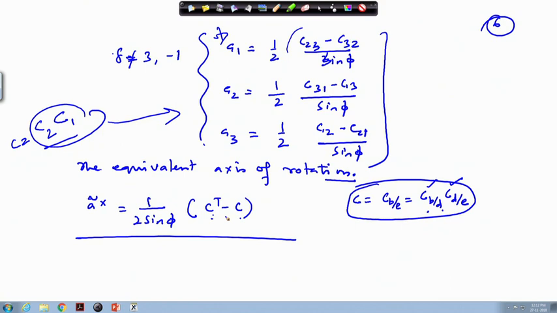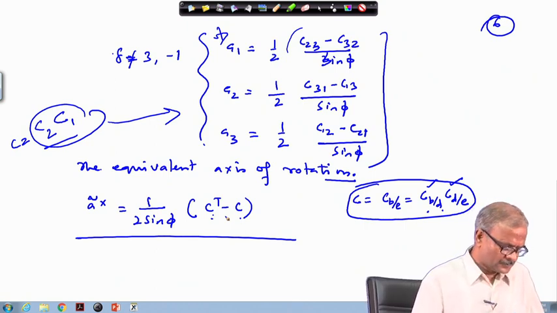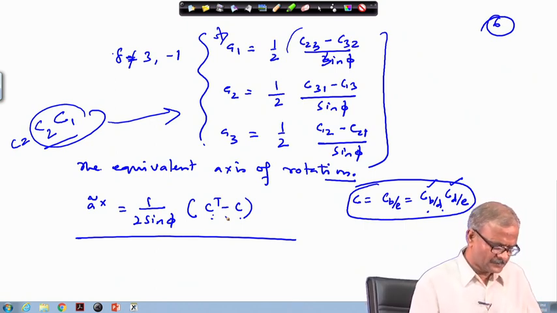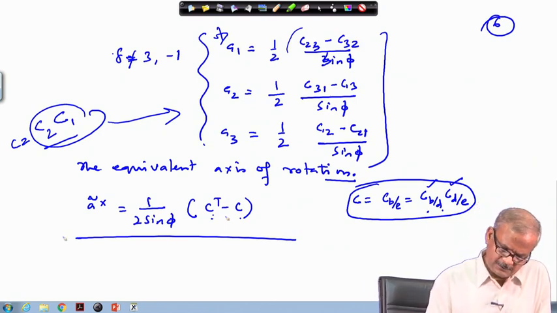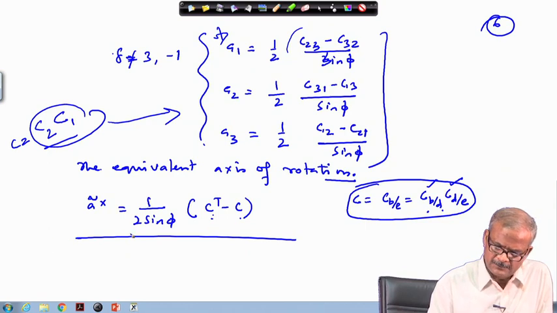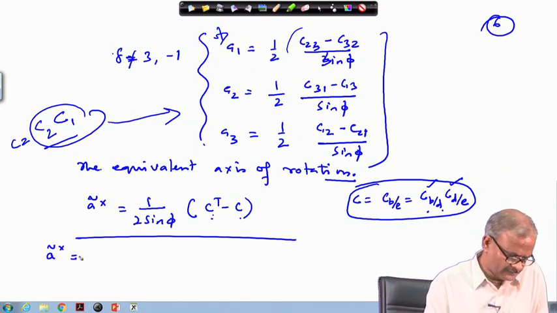So, it is very lengthy and very strenuous. Okay, so this portion we are going to skip, and we are reserving it for our tutorial problems. So, I will write the final result here.